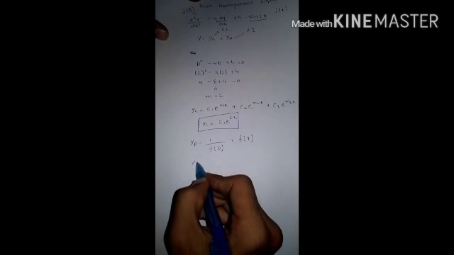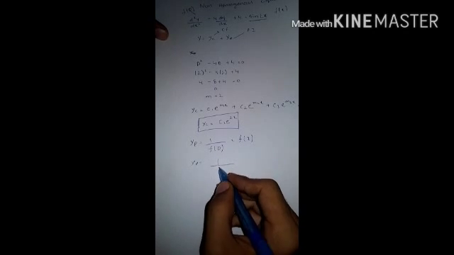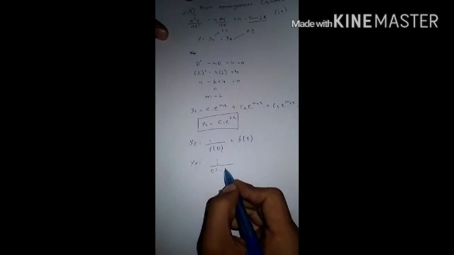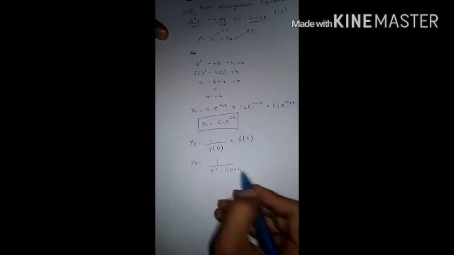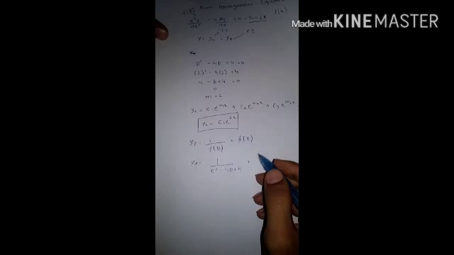We put them in this formula and solve it. Yp is equal to 1 upon D square minus 4D plus 4 into the function of x, which is sine 2x.